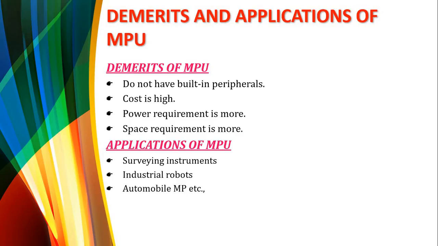See, there are some demerits and applications of a microprocessor. The main demerit is that the microprocessor does not have built-in peripherals. What does it mean that it does not have built-in peripherals? The microprocessor IC has only a CPU, that is, only this alone in one IC.